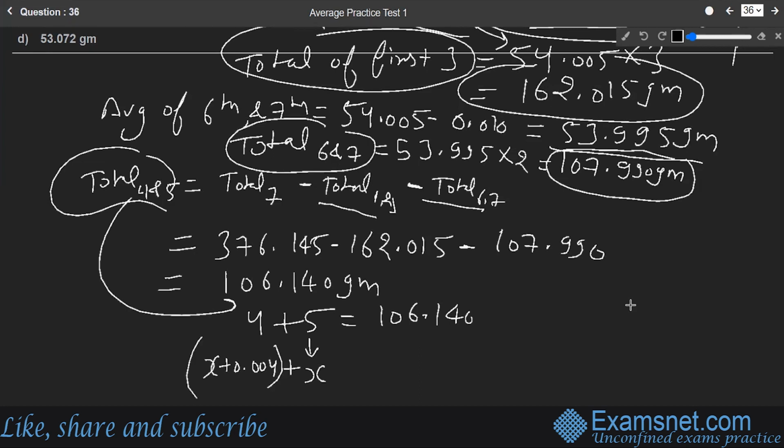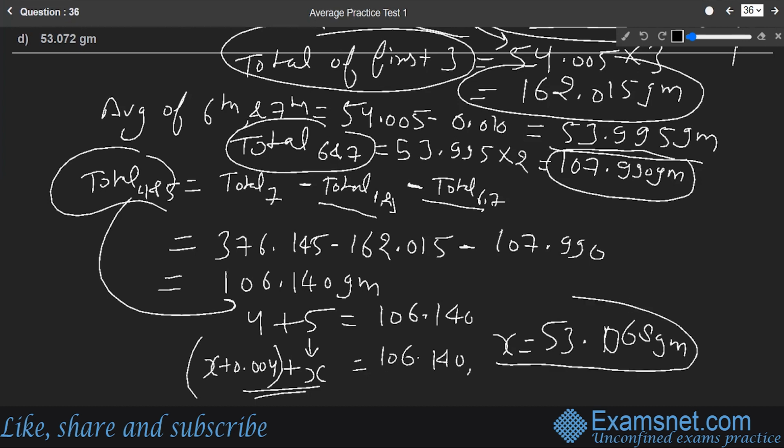This is how we can make fourth plus fifth equal to 106.140. If we solve this for x, the x is coming out to be 53.068 gram.